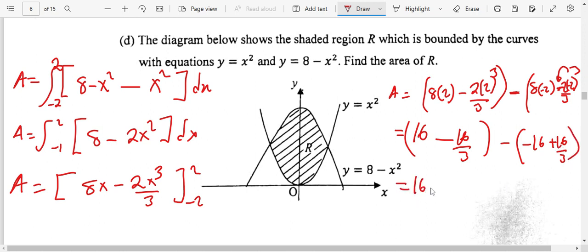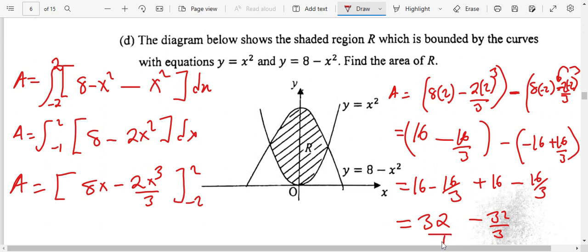So this is going to be 16 minus 16 over 3, and then plus 16 minus 16 over 3. Okay, 16 plus 16, that is a 32. So since we change the directions, and then negative 16 over 3 minus 16 over 3, that will be negative 32 over 3.